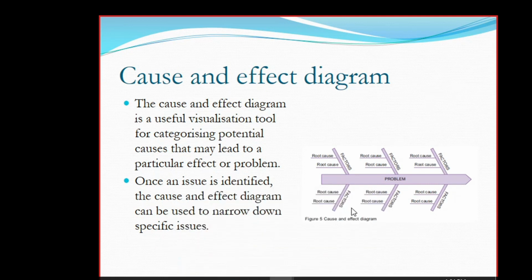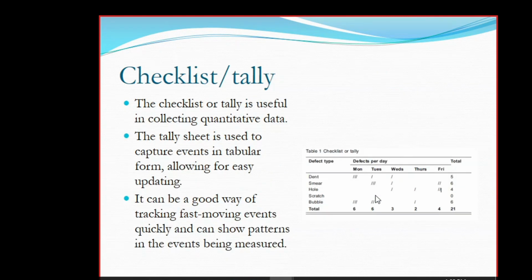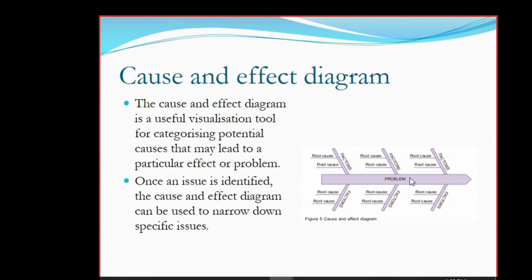Now, another tool is called the cause and effect diagram. It's a useful visual tool because here you have a problem and you can come up with factors of what the problem is. So for example, the problem is a scratch on the car. Suppose you have a scratch on the car, so this is the problem.